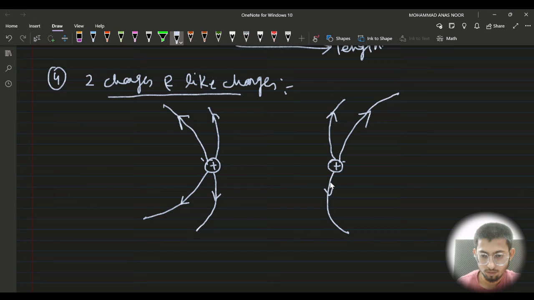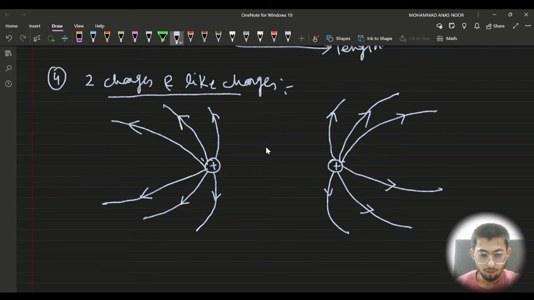At every point, you can see that they are trying to go away from each other, because they are like charges.